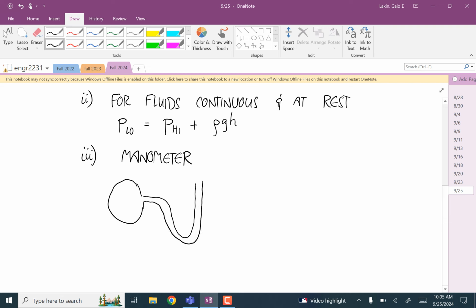Fluid or gas? More often it's a gas. It has to be, because you have to have a liquid here, and that liquid can't mix with the pressure that you're trying to measure. So usually this is a gas. I don't know, there's probably other cases, but so this in here is a liquid, and you have a height h here.